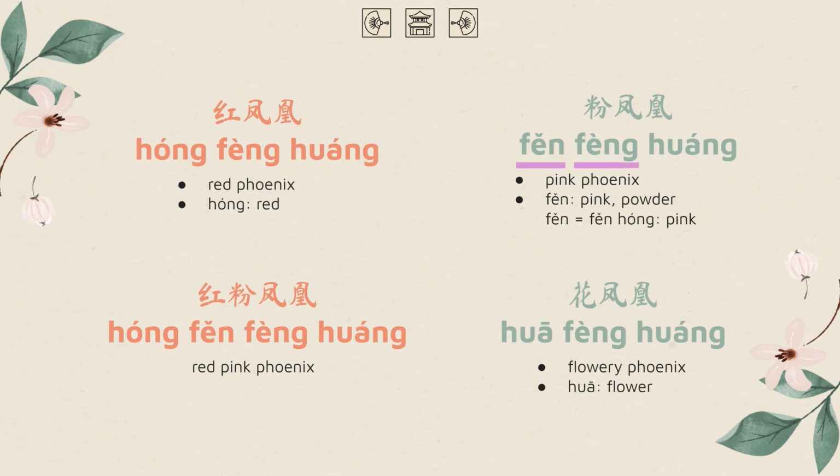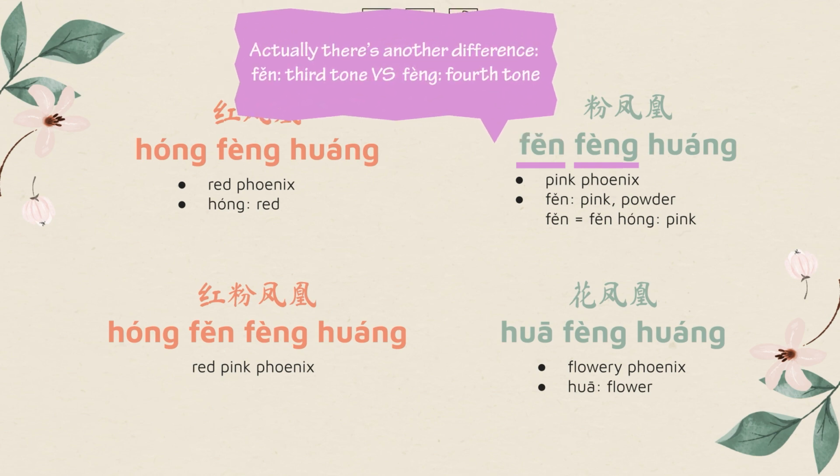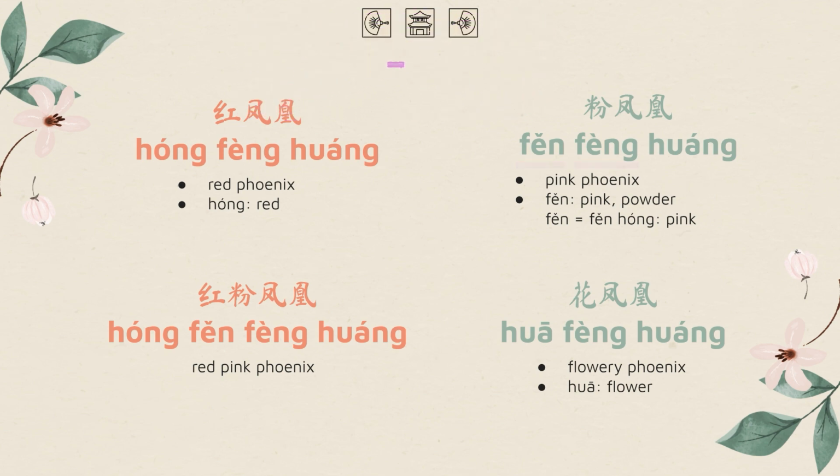So the 粉 and 凤 in 凤凰, they're very similar. F-E-N versus F-E-N-G. So the only difference is that F-E-N-G has a nasal sound at the end. So it sounds like 凤, because it's also fourth tone. So it's 凤, 凤凰. And then the pink one has no nasal sound at the end. So it's just 粉, 粉凤凰.